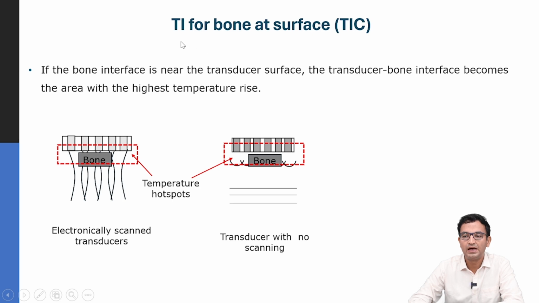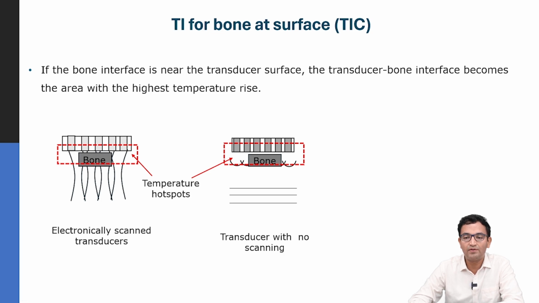Now let's discuss TI for bone at surface, or TI for cranium, which is called TIC. Now if the bone interface is near the transducer surface, then the transducer bone interface becomes the area with the highest temperature rise. So this is quite intuitive. We discussed in the previous slide where the overlapping regions of the beam will have the highest temperature elevation hotspots.